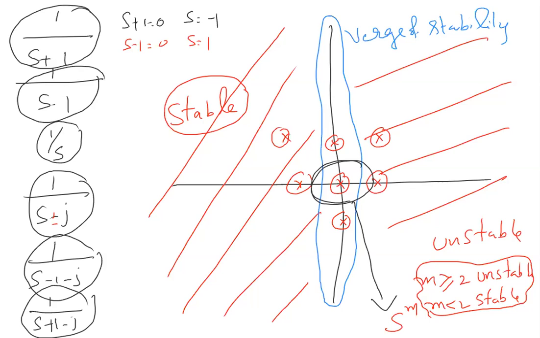If the roots are lying on the left side of the imaginary axis, then it is stable. If the roots are lying on the right side of the imaginary axis, then it is unstable. If the roots are lying on the imaginary axis, then it is verge of stability. If you have more than one root at the origin, it is unstable. If you have one root at the origin, it is stable. These are the rules.